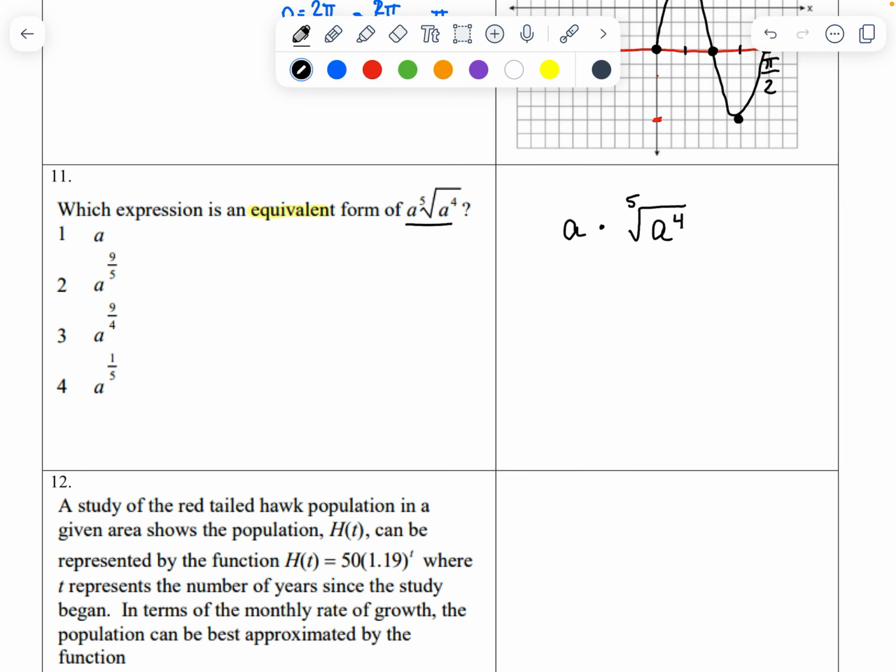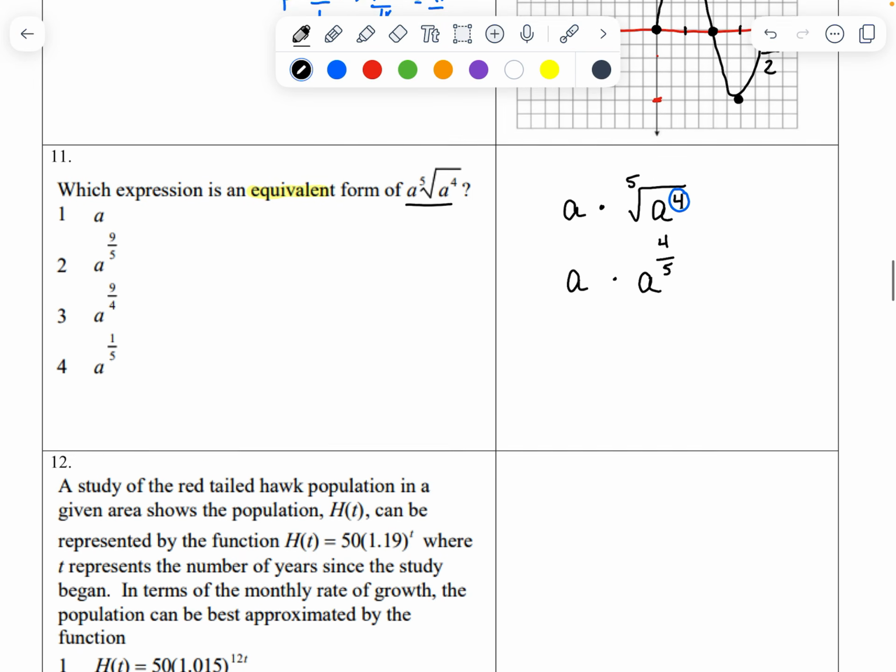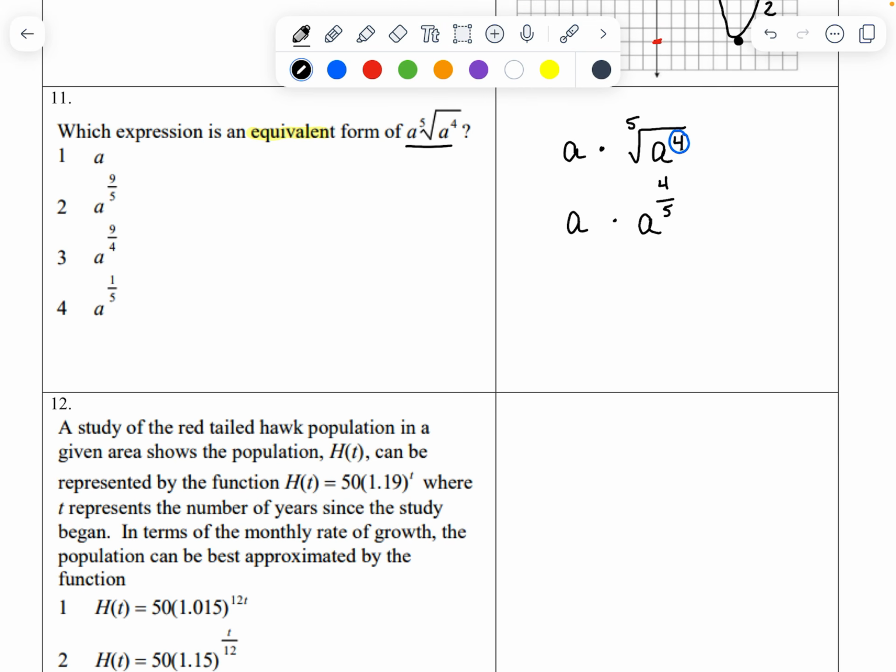So this question is testing you on how to change a radical into a fractional exponent. I like to think of this as if you are inside the party, you must have been at the top of the list, and if you're outside the party, you must have been at the bottom of the list. And anytime you don't see an exponent, it must be 1.